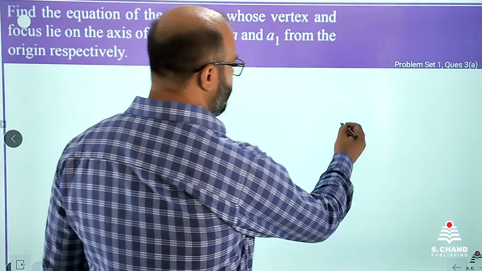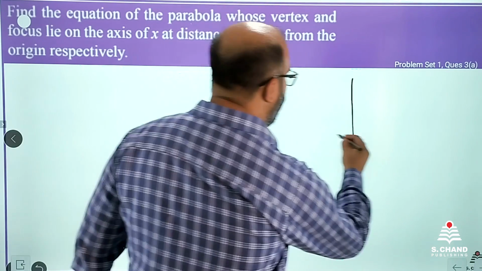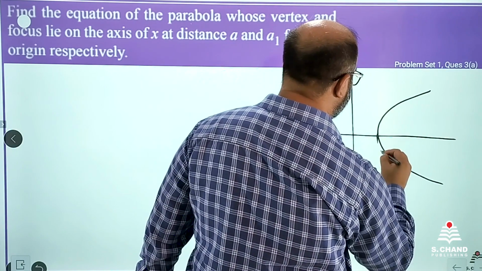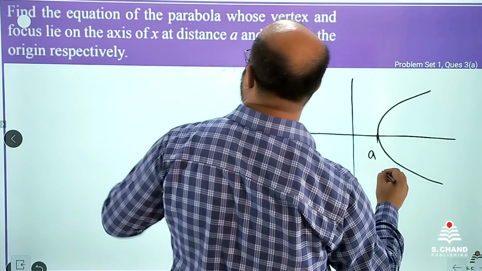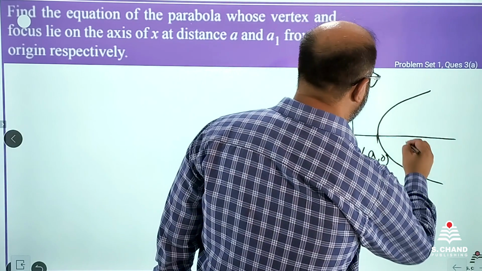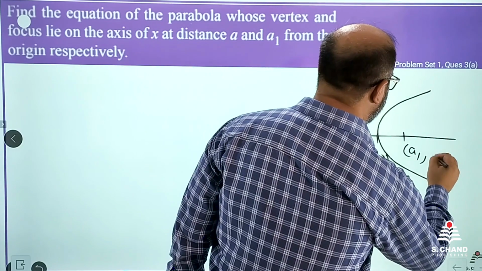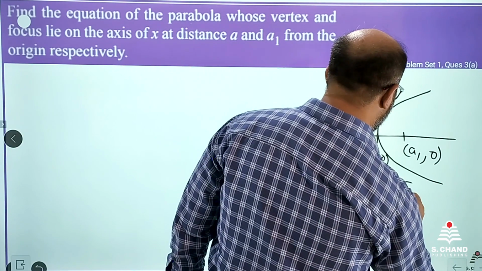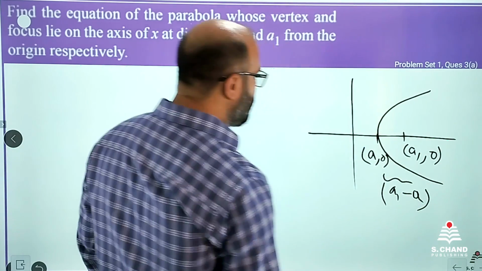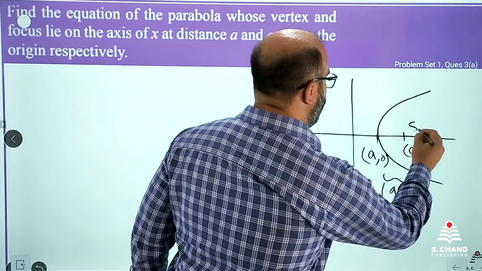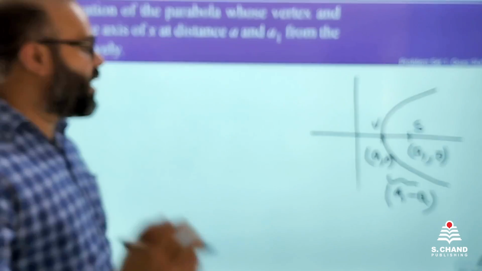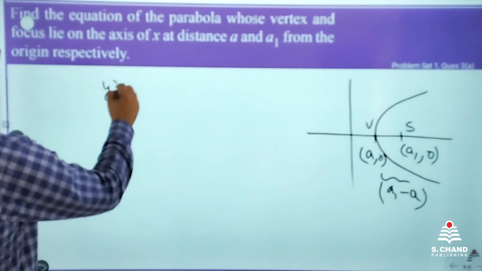As we were seeing, we have the vertex as a comma 0 and the focus as a1 comma 0. So this distance is a1 minus a. Now the distance between the focus and the vertex is actually the a in y square is equal to 4ax.